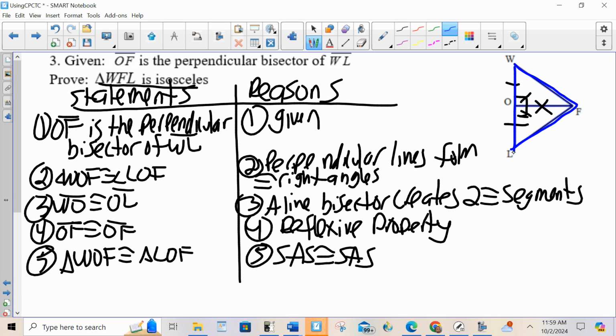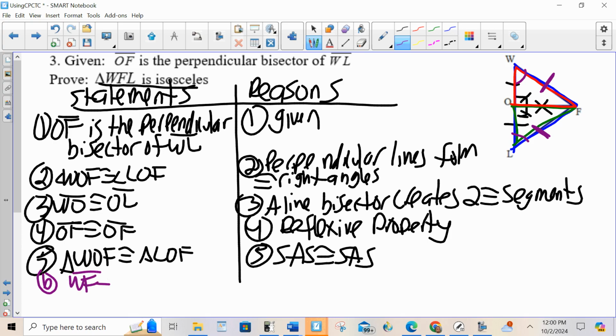But now that the triangles inside are congruent, now that the green and the red are congruent, can I use CPCTC to get either two sides of the blue triangle or two angles of the blue triangle to be congruent? And the answer is yes. In fact, you have options here. You could say that WF is congruent to FL through CPCTC, or you can say that angle W is congruent to angle L through CPCTC. So let's just do WF is congruent to FL.